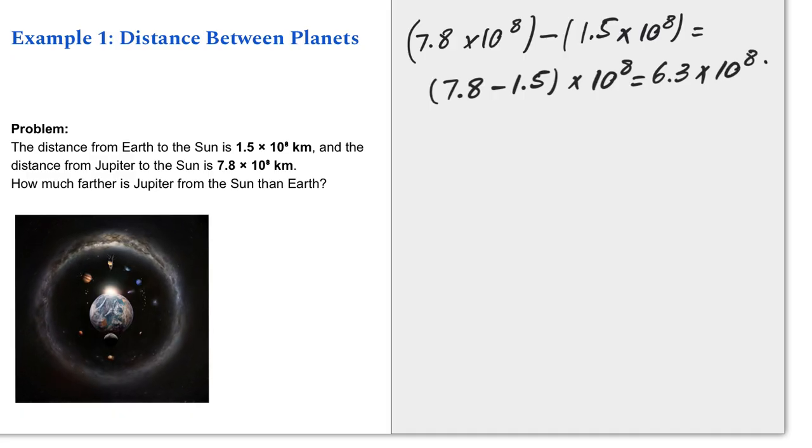So Jupiter is about 6.3 times 10 to the 8th kilometers further from the Sun. And that means 630 million kilometers, a huge number that's easy to read thanks to scientific notation.